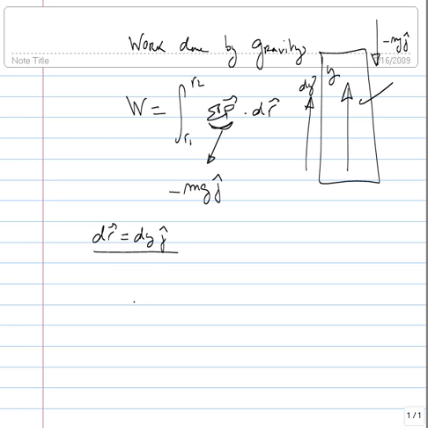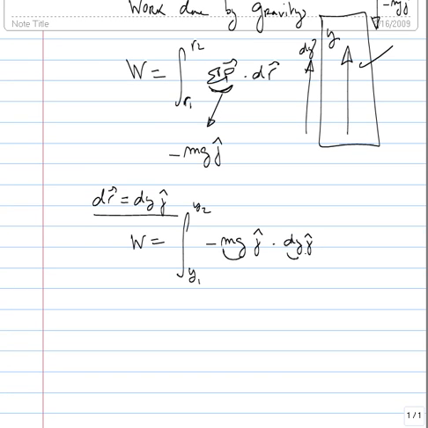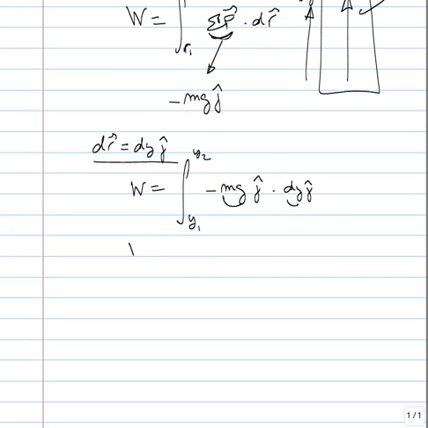So let's plug those two into our work equation. Since dr is dy j, then really I need to move my r1, r2 to y1, y2. My force is minus mg j, and my dr is dy j. Scalar, scalar, vector, vector, j dot j is 1, therefore my work is nothing else than the integral from y1 to y2 of minus mg dy.